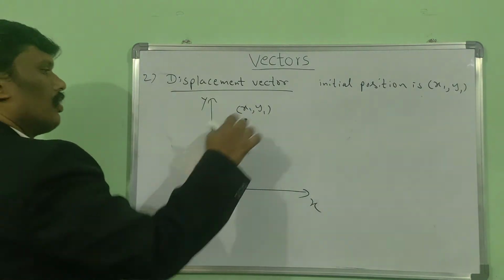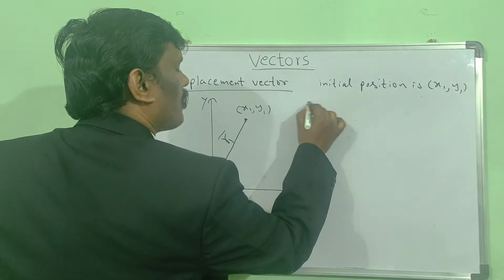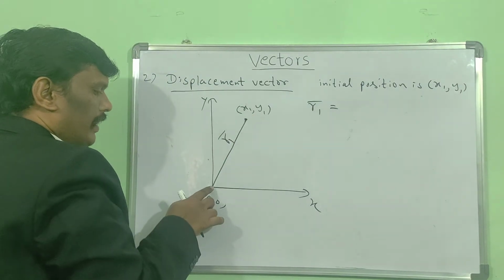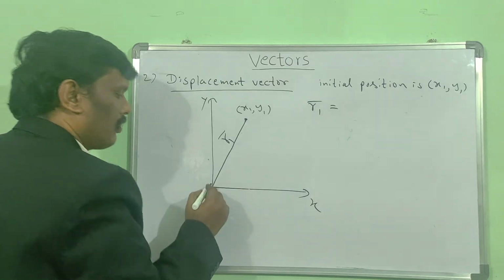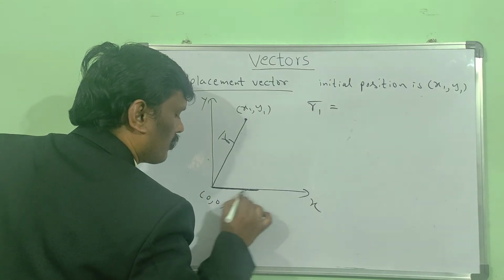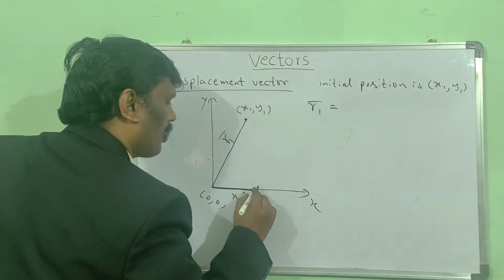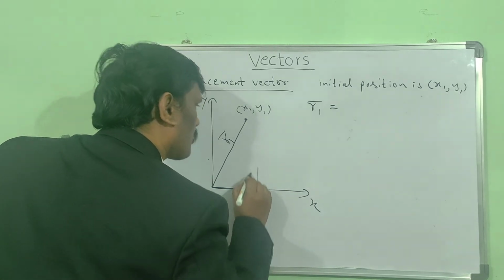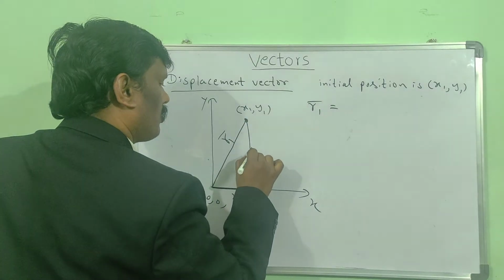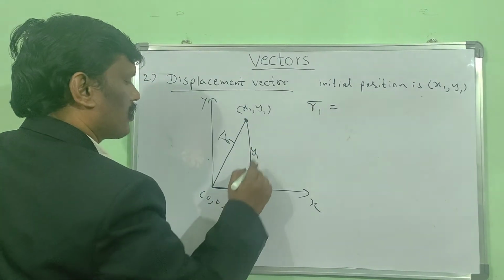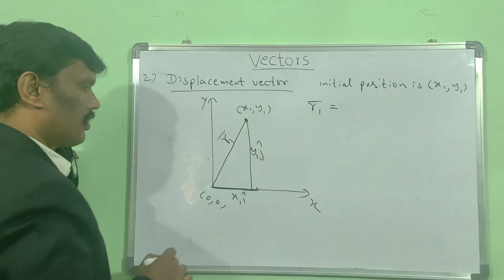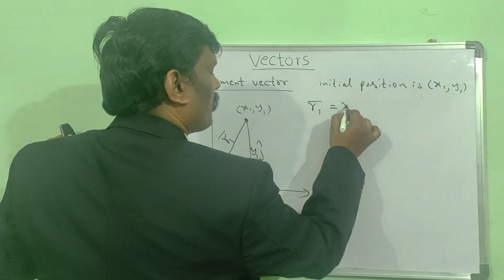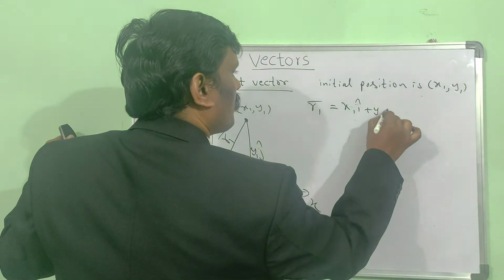What is the meaning of r1 bar? r1 bar is nothing but x1 comma y1 is the position. What is the meaning of that? x1 units along the x-axis, that is x1 i cap, and y1 units parallel to the y-axis, that is represented as y1 j cap. Then how to write this one? r1 bar is equal to simply x1 i cap plus y1 j cap.